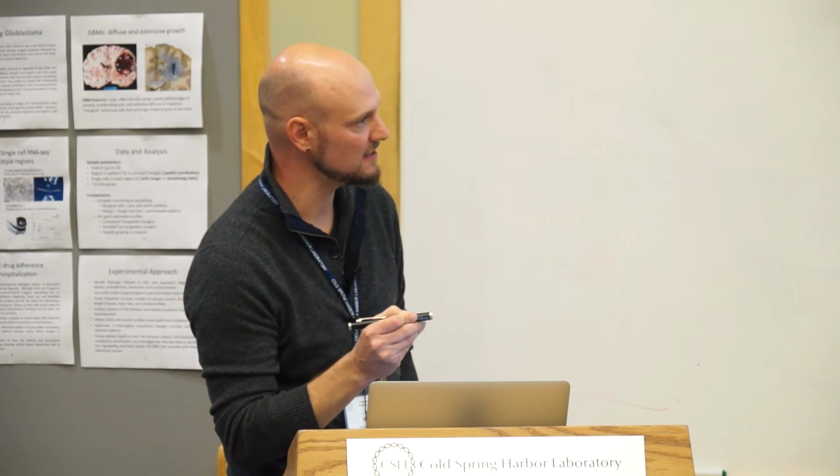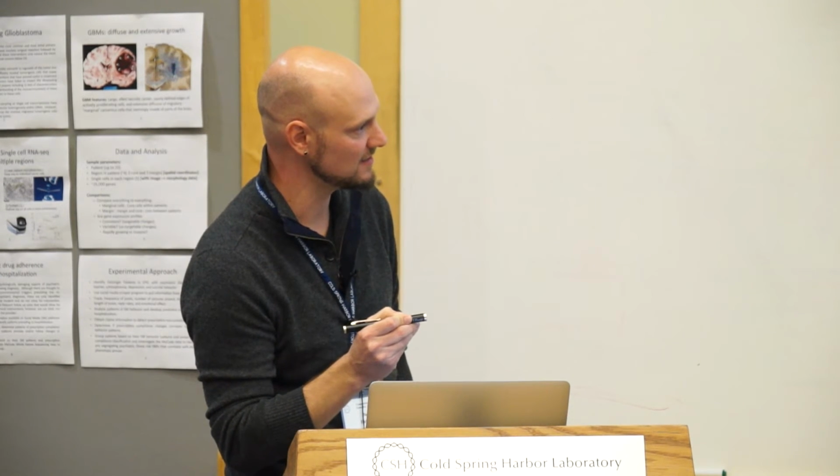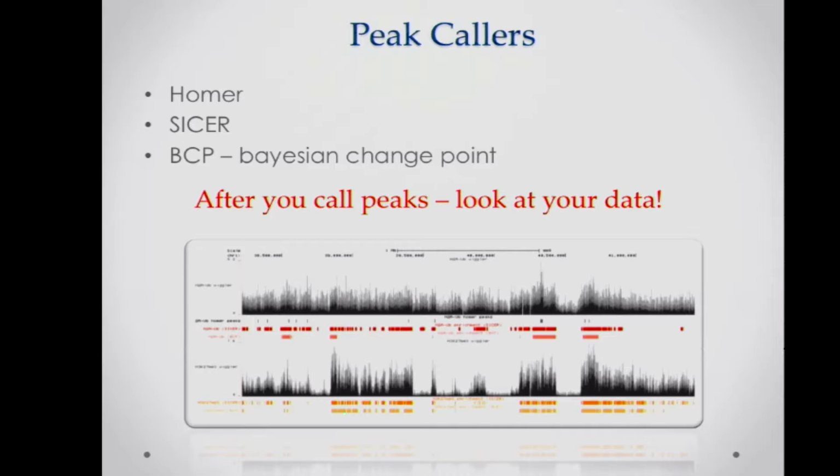All right, so again, maybe in some instances you think this whole region should be a broad peak. You don't really care about the individual spikes because you care about overall data structure. So even when your peak finder doesn't call it as a broad region, you can still mark those regions as such. And some tools will do this for you, like SICER, S-I-C-E-R.